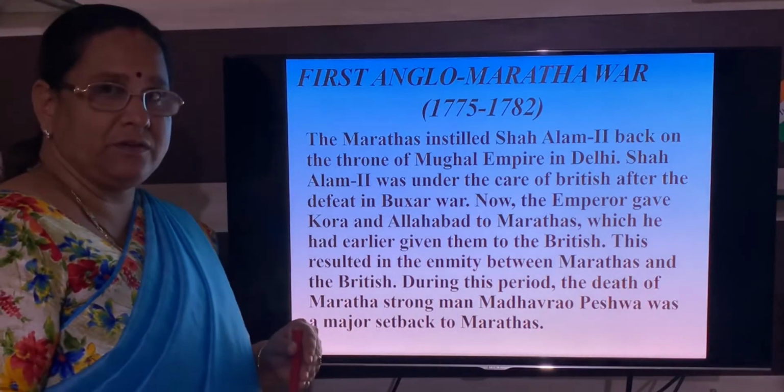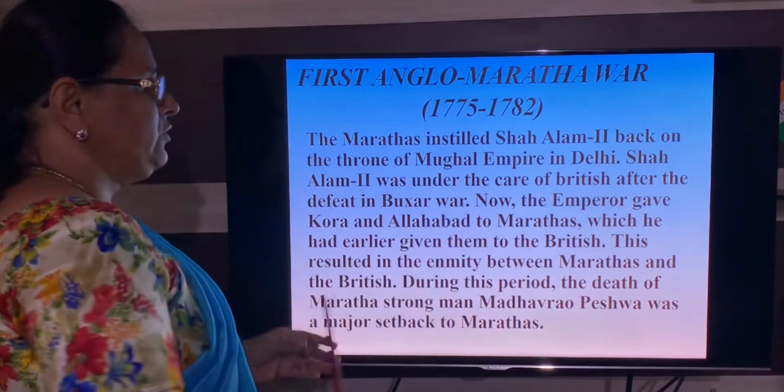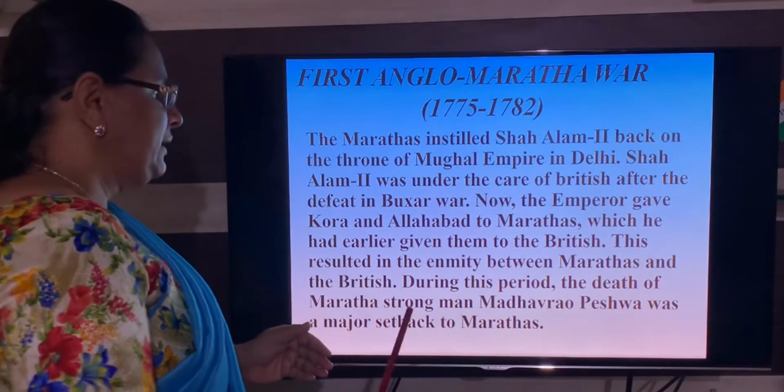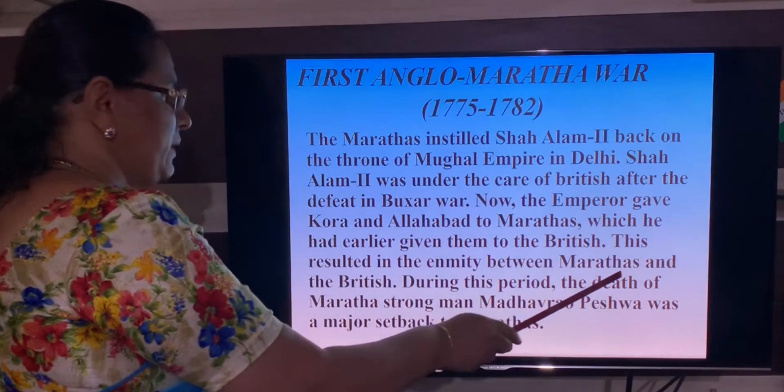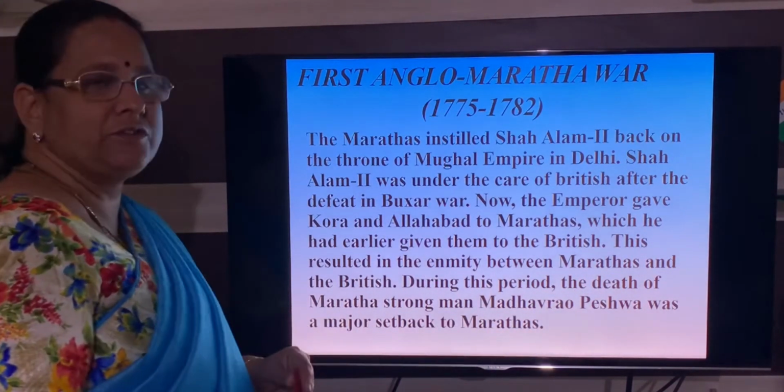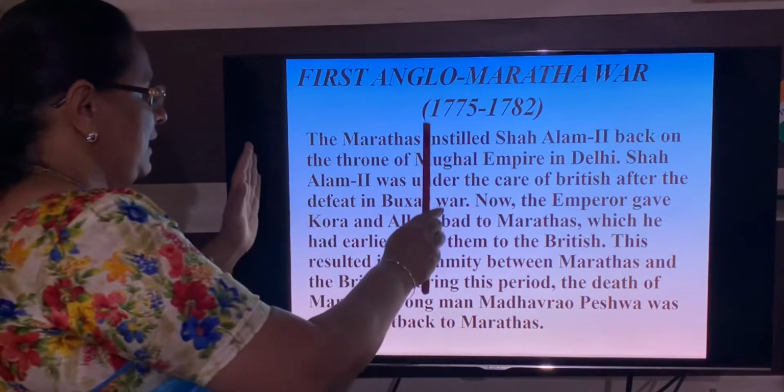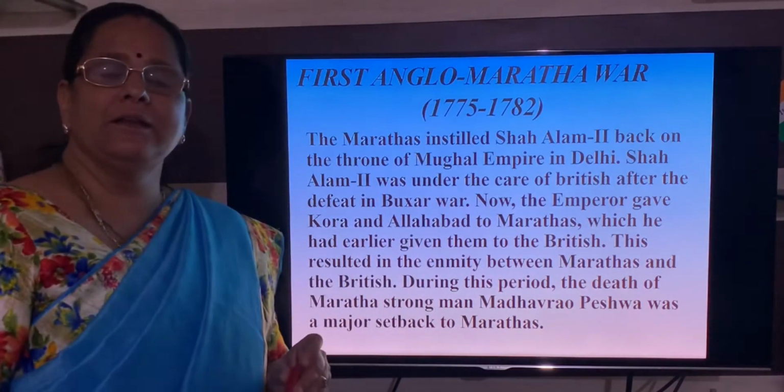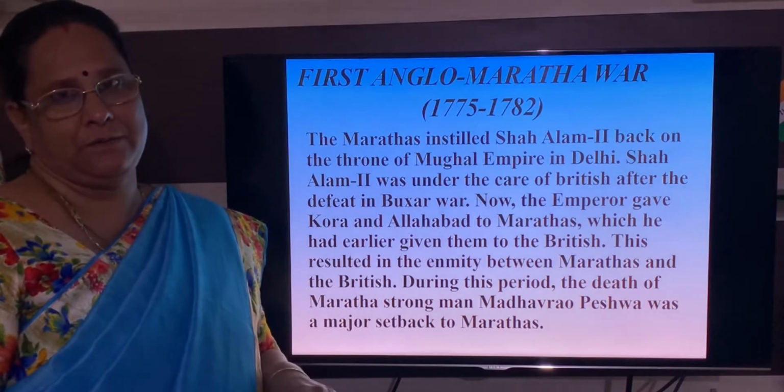So remember this, children. So these are the 2 points you will write, and due to that, enmity will develop between Maratha and the British. So these are the points which you are going to write in the first assignment.